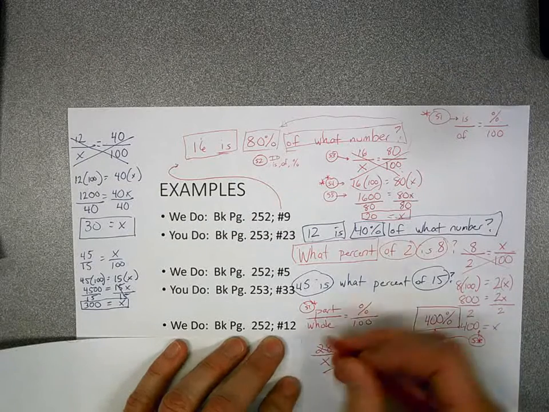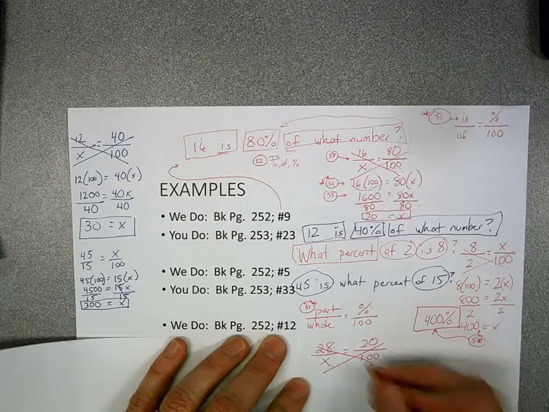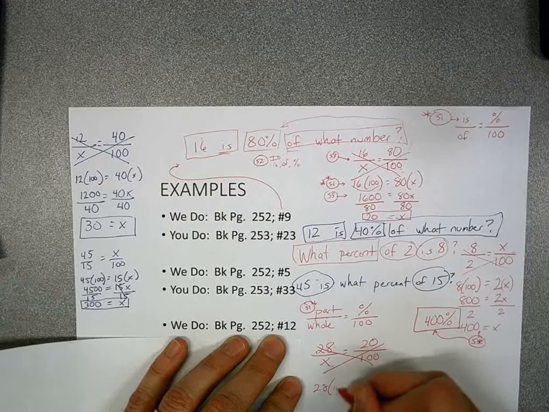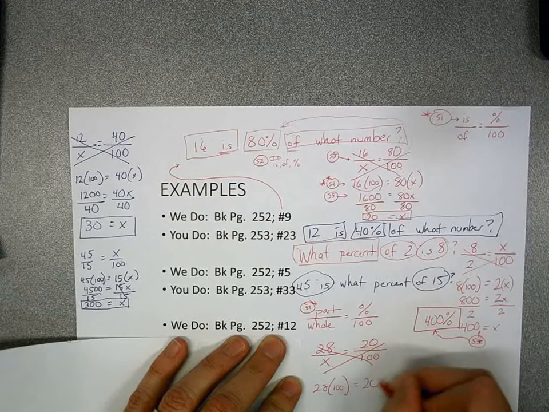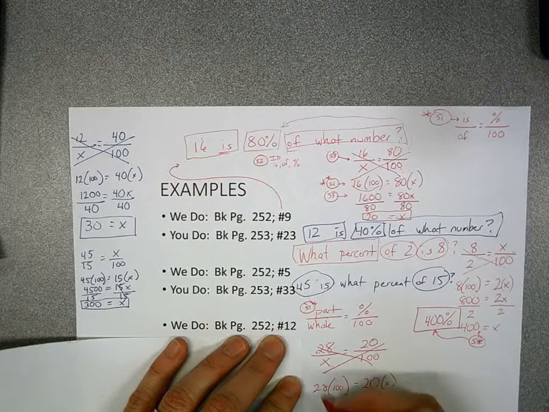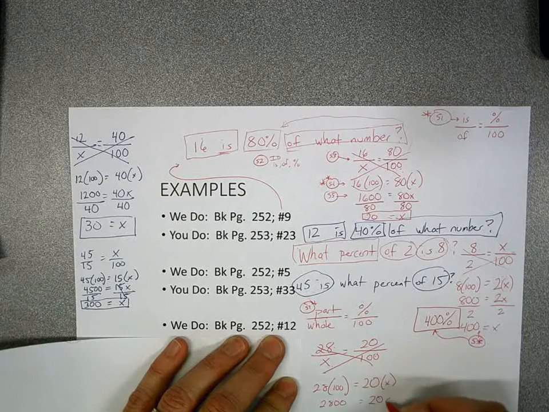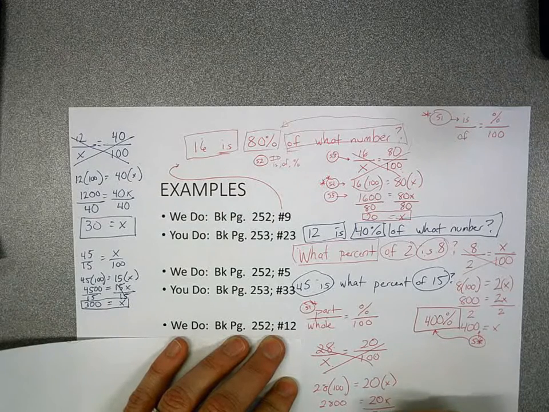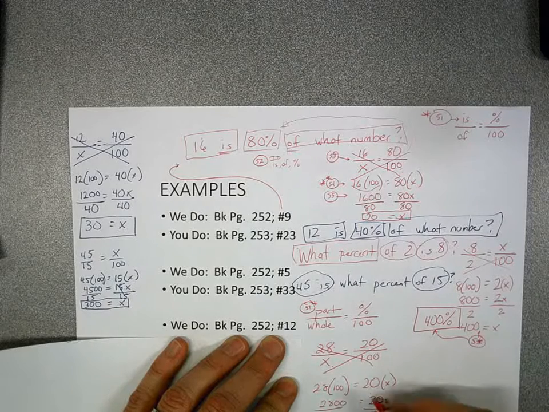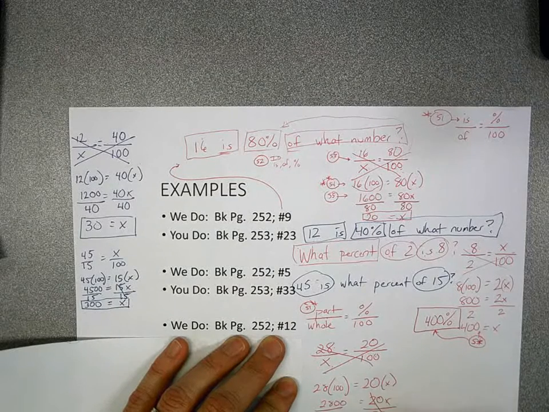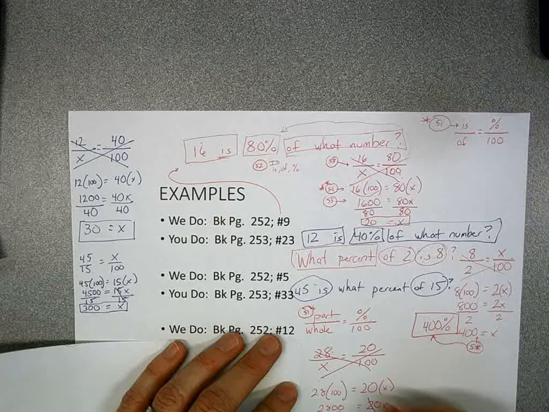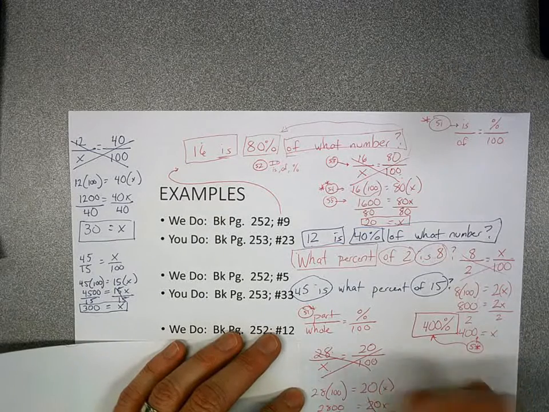All right? Steps are exactly the same. So, 28 times 100 equals 20 times x. I simplify both sides. 2800 equals 20x. And I divide both sides by 20. And of course, we get 2800 divided by 20.